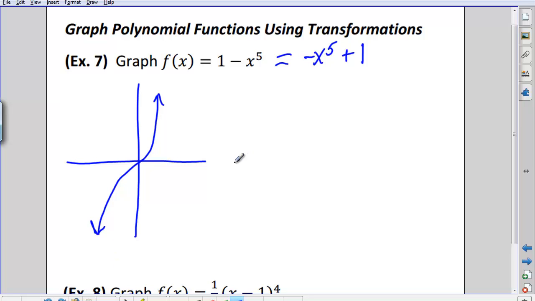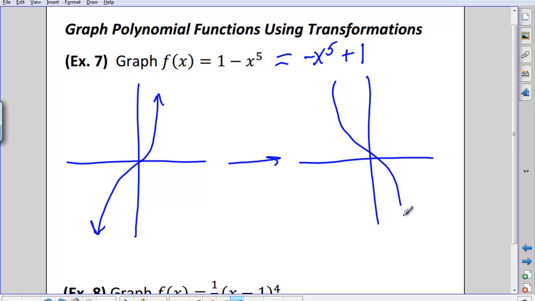But what are we doing to that graph? Okay, we've got a negative x to the fifth, right? So what did that negative sign do? Didn't that flip it about the x-axis? Okay, so it's actually going to be coming down like this now. And we've got one other thing here.